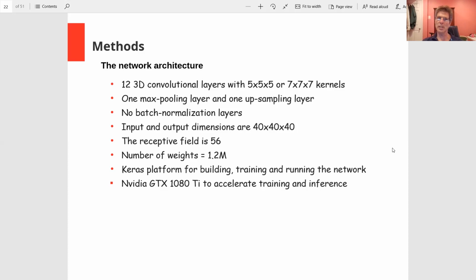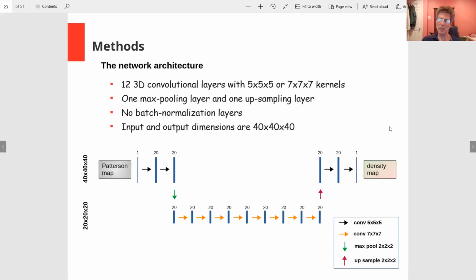There's one max pooling layer and one upsampling layer. I'm going to come back to this in a second, but I'm going to go to the schematic because in some ways it's easier to explain here.